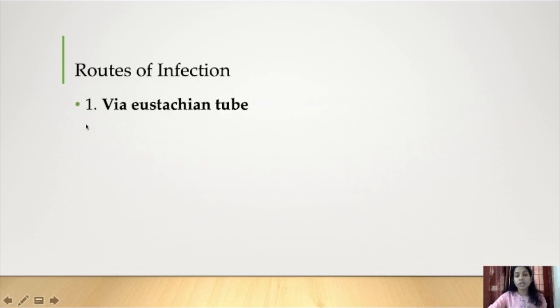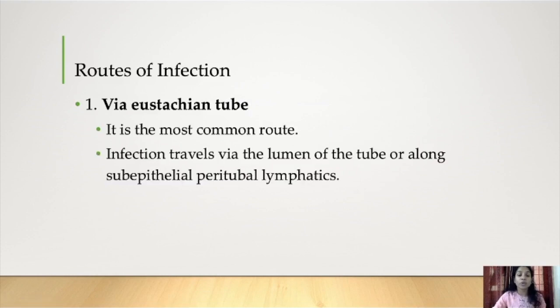That is the routes of infection. The first one is via the eustachian tube. It is the most common route, and infection travels via the lumen of the tube or along the subepithelial peritubal lymphatics. You saw in that picture that the middle ear is directly connected to the oropharynx via the eustachian tube.